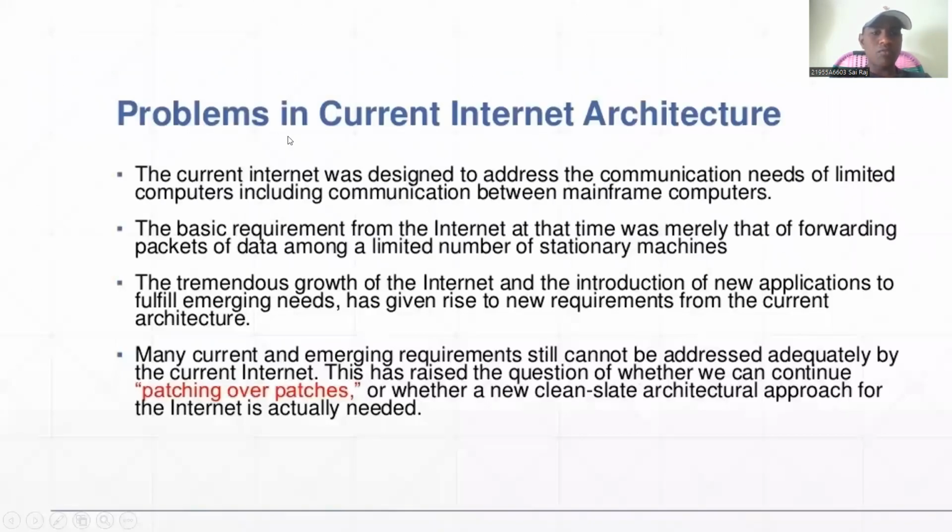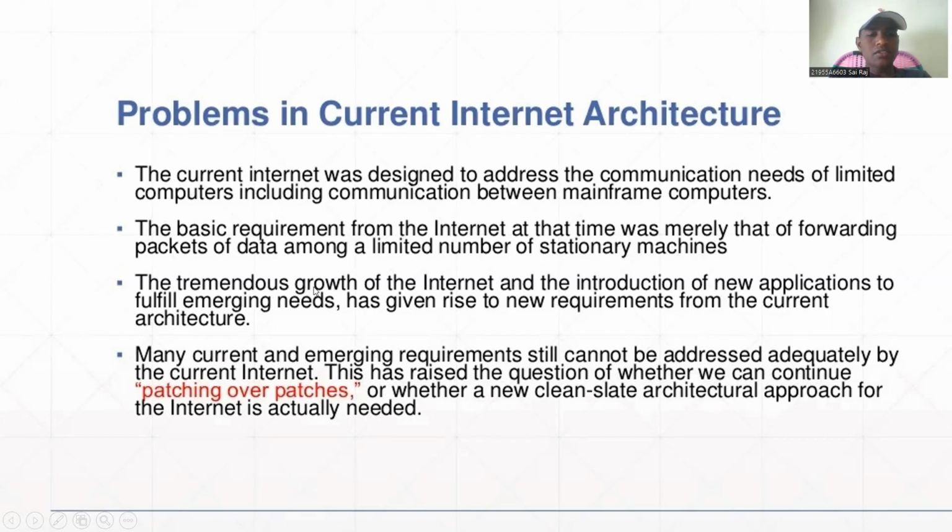What are the problems in the current internet architecture? The current internet was designed to address the communication needs of a limited number of computers, including communication between mainframe computers. The basic requirement of the internet at the time was merely forwarding packets of data among a limited number of stationary machines.